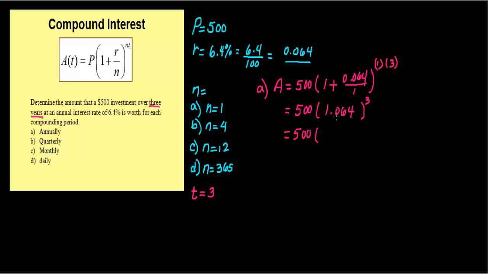Okay? And that will give you 1.064 raised to the 3rd power is 1.2046. And then this number you multiply by 500. Some calculators, well, I think these days most calculators will have order of operations in them.